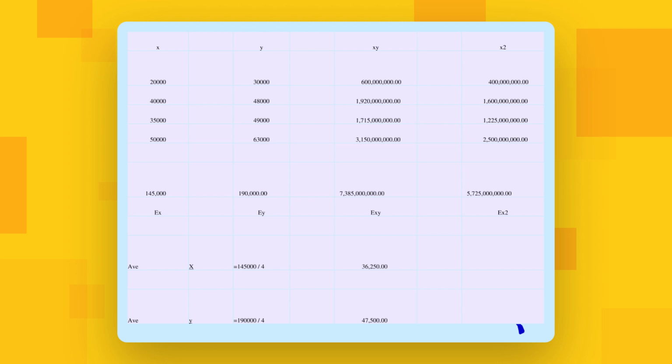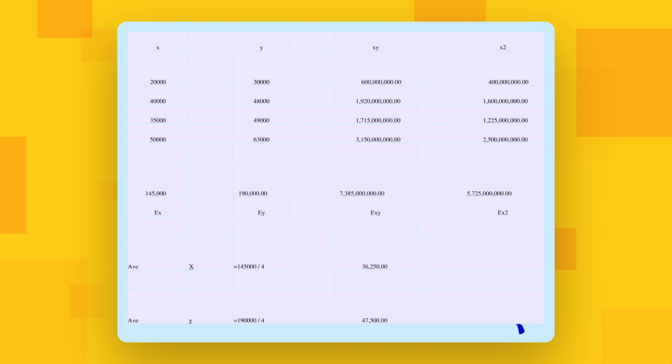Then 35,000 times 49, you have here 1,715,000. You also have 50,000 times 63,000, you have 3.1 billion. That would be your XY. So in terms of your XY, just add all. That would be the summation of EXY.